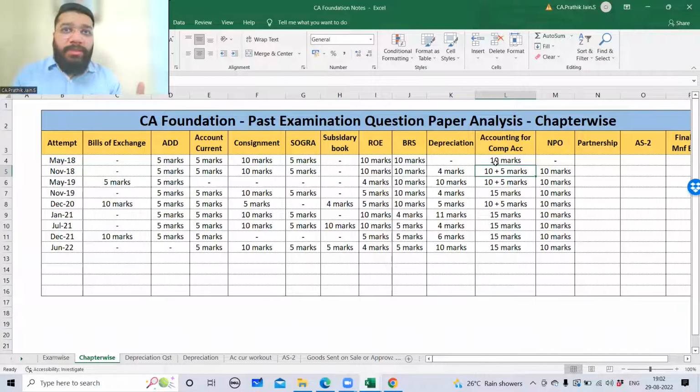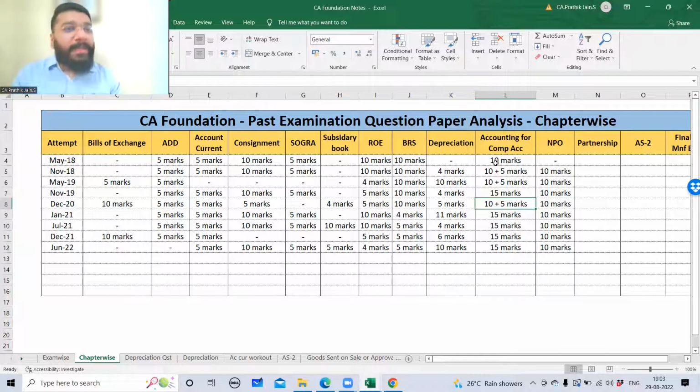The 10 mark question was for accounting for issue of share capital, and 5 marks was accounting for issue of debentures. Again, May 2019, 10 plus 5. So 10 again is for issue of share capital, 5 is for issue of debentures. November 19, you got 15 marks straight from the issue of share capital chapter. 15 marks, one single question.